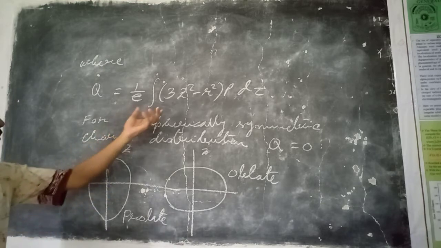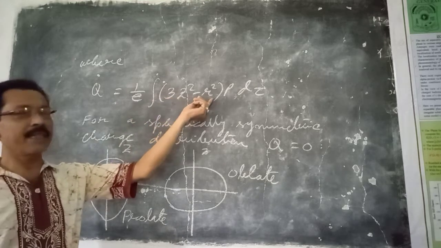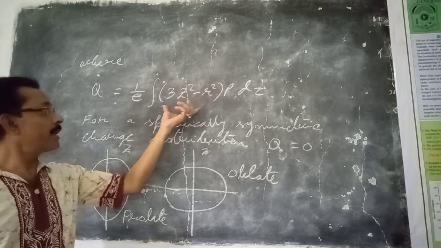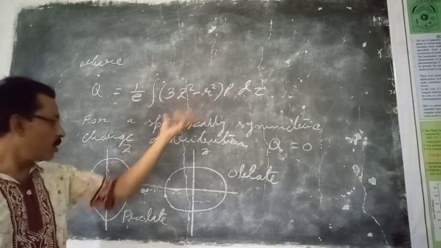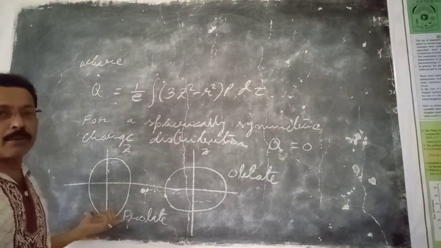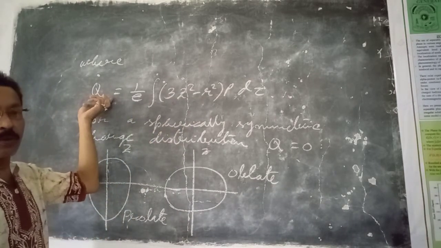So in that case, 3z square will be larger than r square, and this quantity will be positive. So for a prolate distribution, we get a positive quadrupole moment.